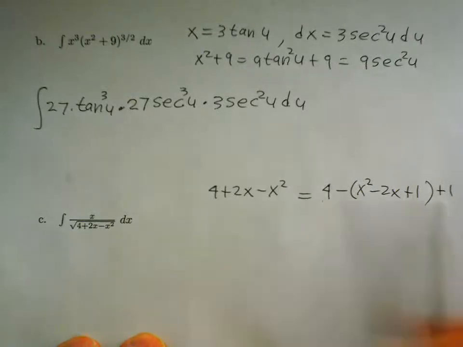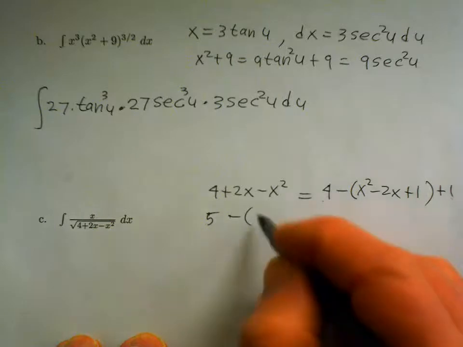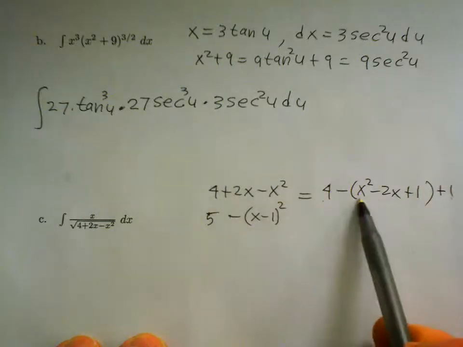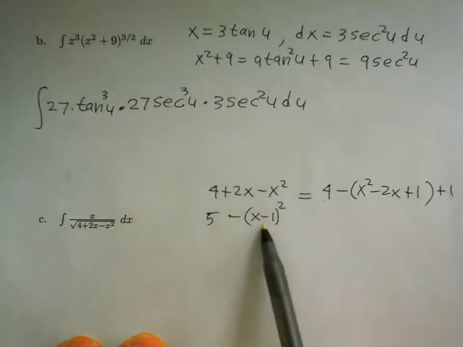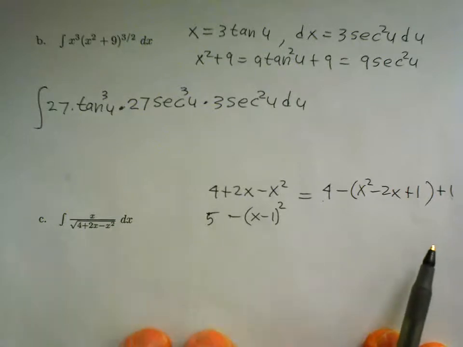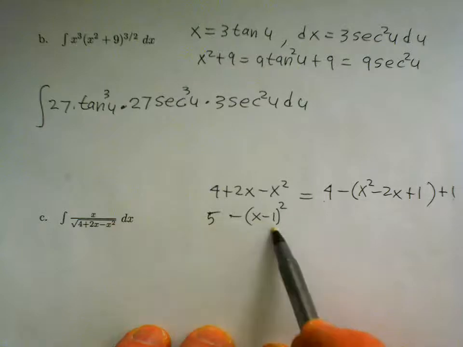And then the 4 plus 1 becomes 5, and then minus this quantity squared, which is x minus 1. This quantity x squared minus 2x plus 1 is equivalent to the quantity x minus 1 squared. Okay, then from here, we could use a substitution.